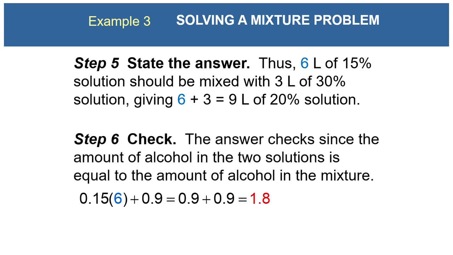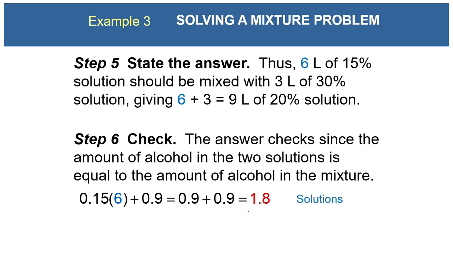In step 6, we want to check the answer. The answer checks since the amount of alcohol in the two solutions is equal to the amount of alcohol in the mixture. We have our 15% times 6 liters of solution plus the amount of alcohol in the 30% solution is equal to 1.8.